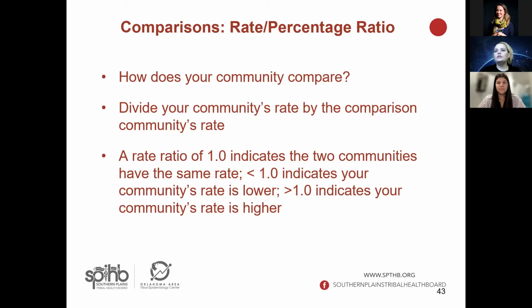To get this, you divide your community rate by the other community rate that you're comparing. You can either do it with a rate or percentage, but don't do it with numbers. Only rates and percentages. So a ratio of 1.0 indicates the community rate is the same. Less than 1 indicates your rate is lower, and greater than 1 indicates your rate is higher. And we're going to look at that on the next slide.